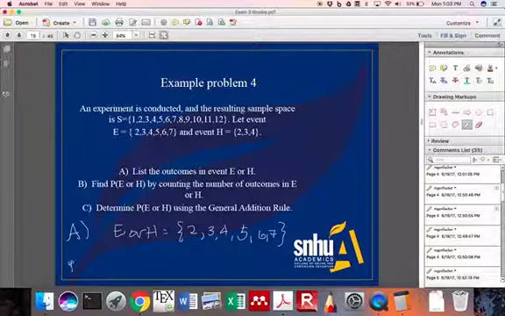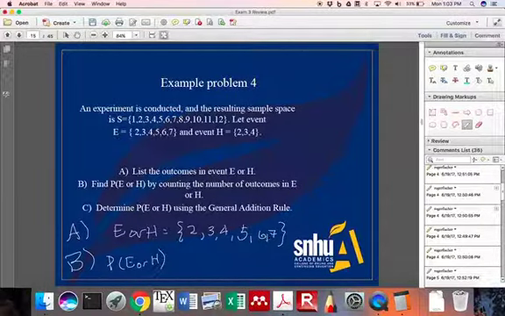So now notice that the probability of E or H is the number of things in this collection, which your book uses this notation, divided by number in the sample space.